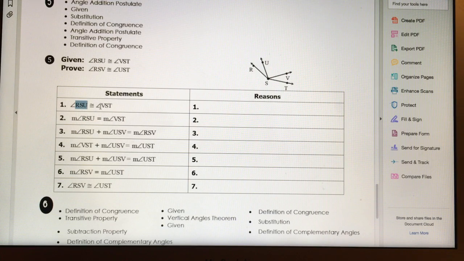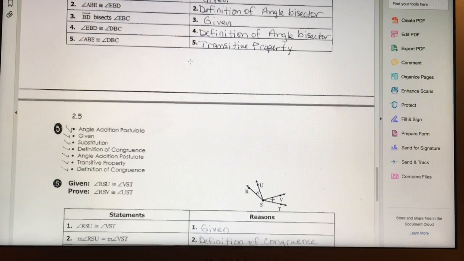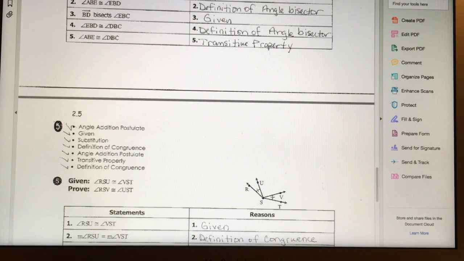So RSU is congruent to VST, therefore the measure of angle RSU is equal to the measure of angle VST by the definition of congruence. So let's cross out given and cross out the first definition of congruence. So there we go. There are 2.